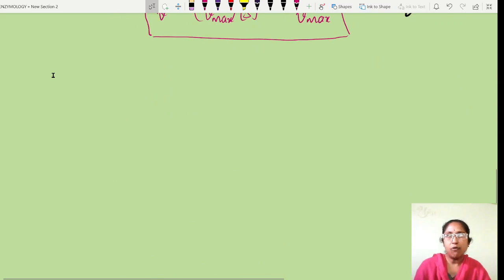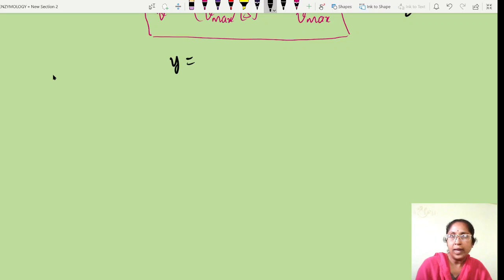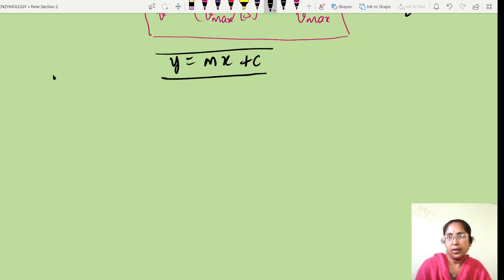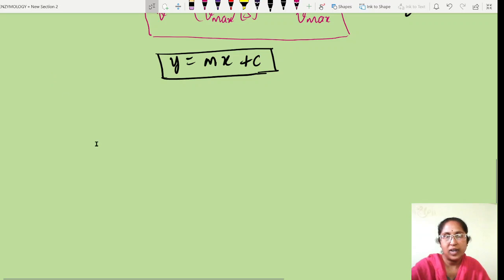I mean, this is in the form of an equation that represents a straight line. The general equation for a straight line is y is equal to mx plus c.